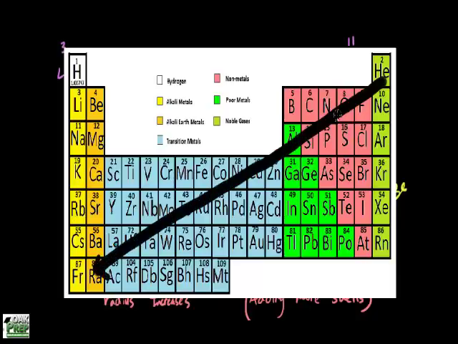So it increases in this direction from the top right corner to the bottom left corner. The radius increases. And notice one thing, that this is an opposite direction of the ionization energy, because in the previous video we said that the ionization energy increases in this direction. So they're the opposites. So hopefully you understand how the trend works for the atomic radius.